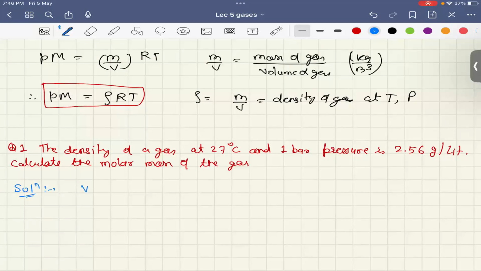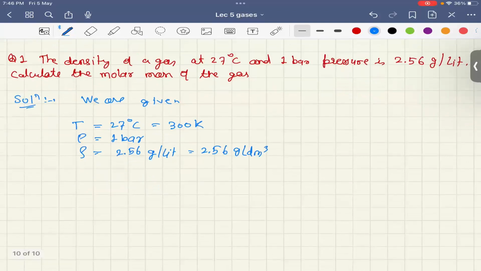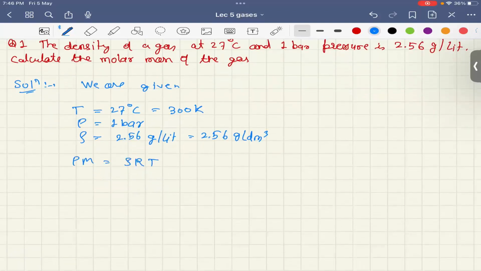We are given temperature as 27 degrees centigrade, which is nothing but 300 Kelvin, and pressure as 1 bar, and density has also been given as 2.56 gram per liter, which is 2.56 gram per dm cube, right? And we know the expression PM equals rho RT, which implies M equals rho RT by P.